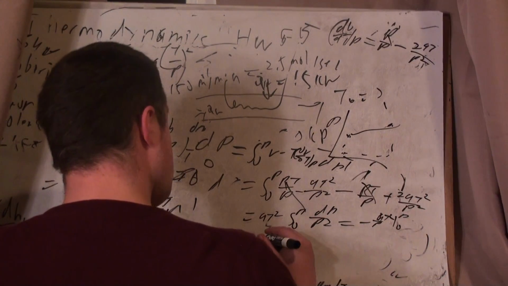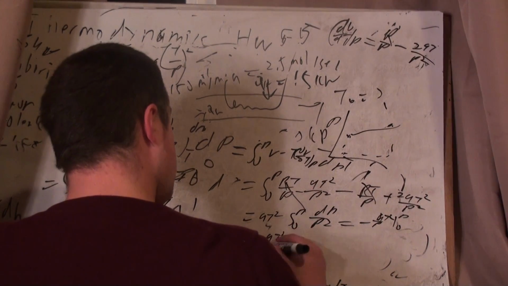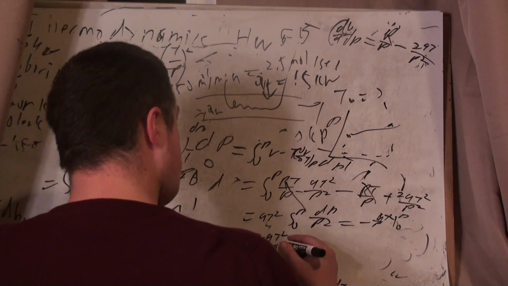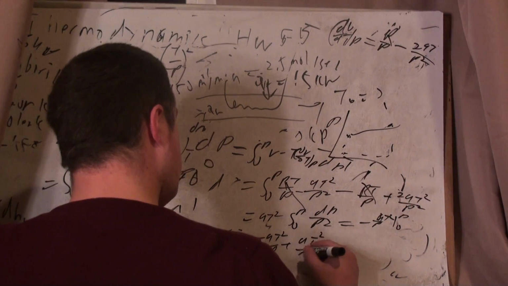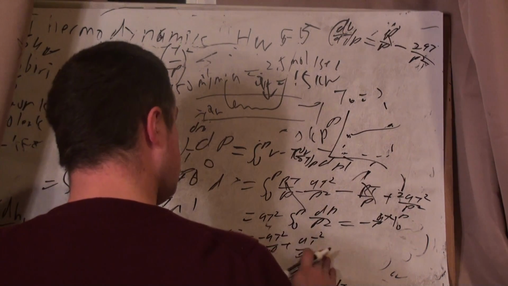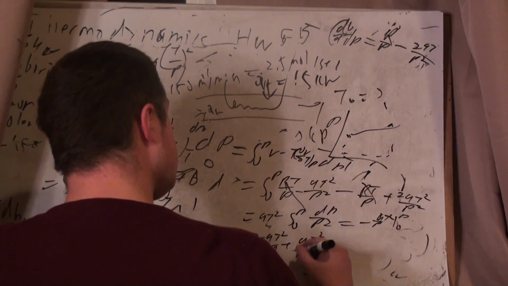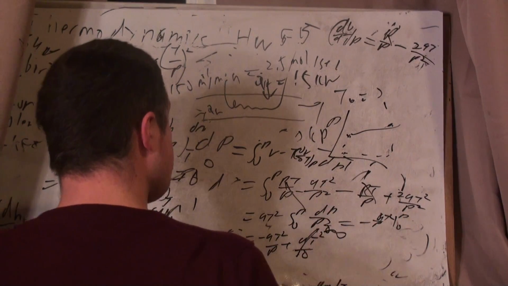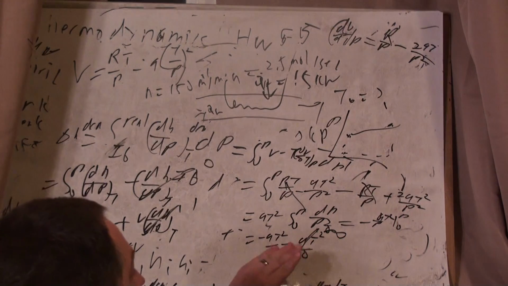Okay, so I have minus AT squared over P plus AT squared over infinity. Over 0, which is pretty much infinity. Okay, but the thing is, I've got infinity plus something, but then I'm going to have minus infinity minus this thing. And so the infinity is essentially going to cancel itself out.